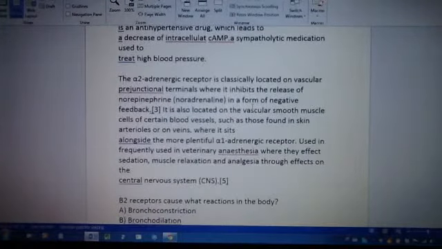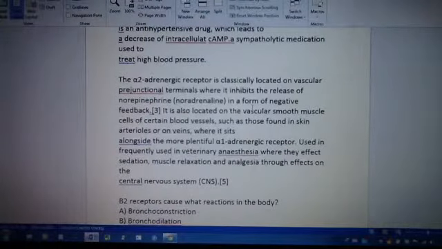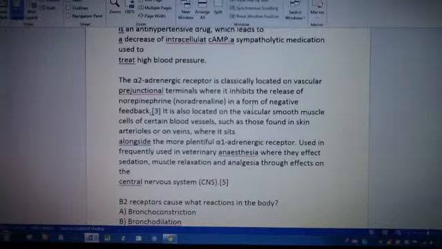Okay, more on the alpha 2 adrenergic receptors. They are classically located on the vascular prejunctional terminals, where they inhibit the release of norepinephrine in a form of negative feedback. This is important because you might think an agonist is going to turn something on, but it's actually turning things down. It's to mellow you out.